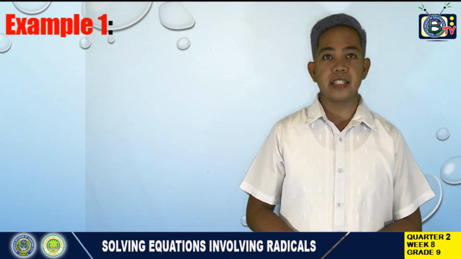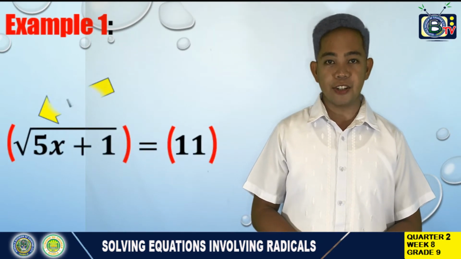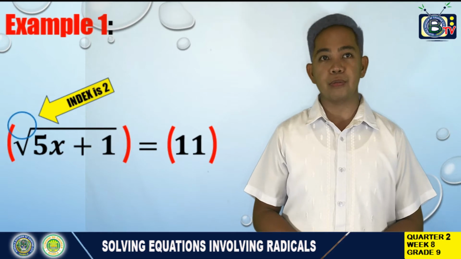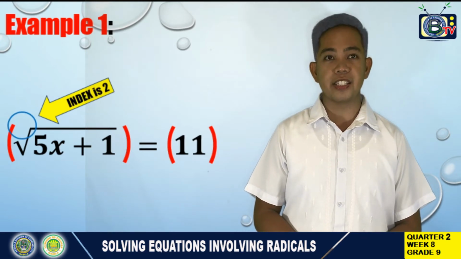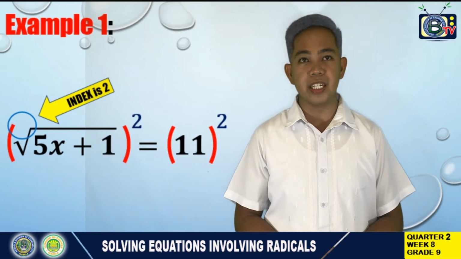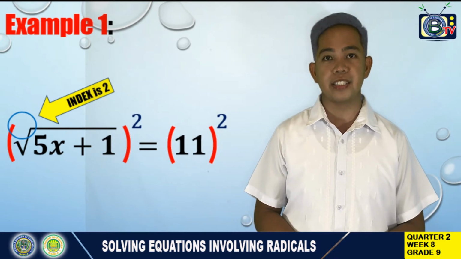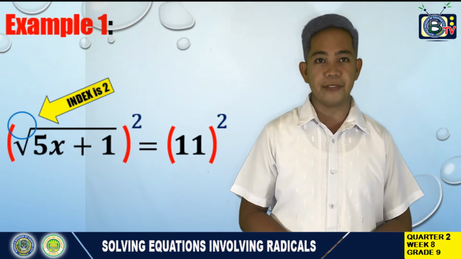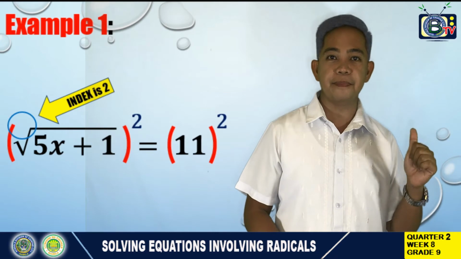In this case, the index is not written. Therefore, it is automatically equal to 2. Next, write the index on both sides of the equation. Now, our new equation becomes the square of the quantity of the square root of the binomial 5x plus 1 equal to the square of 11. That's it! Are you ready for the third step?